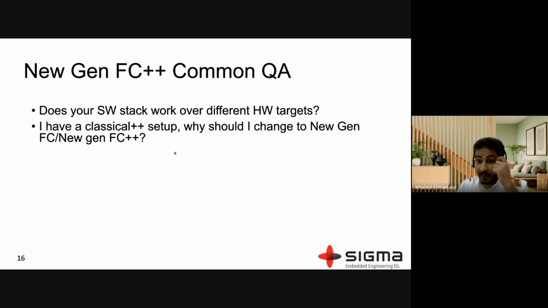If your system is running super nicely and flawlessly over classical plus, you do not need to change to new generation. You will need to look into new generation when you are considering different tasks, for example, if drone agility is a crucial parameter for you, then you need to consider the new generation plus plus or the new generation.